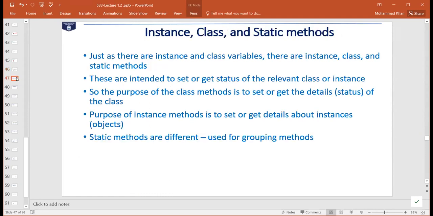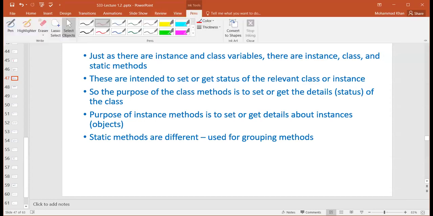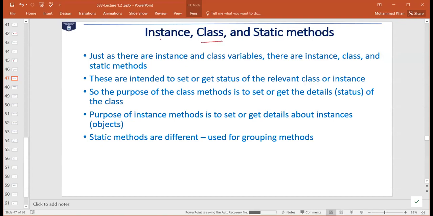Now we have two different attributes or variables, class and instance. To access those variables or attributes, there are three kinds of methods: instance method, class method, and static method. So there are different kinds of methods to access different kinds of variables.